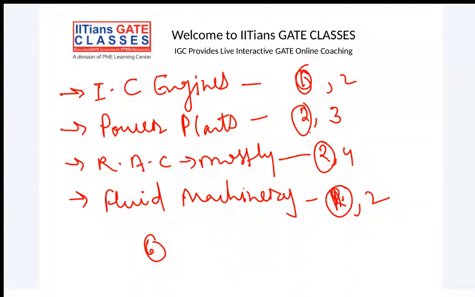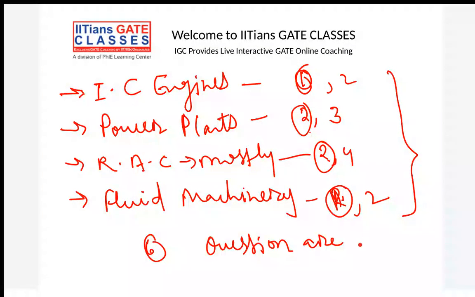So we should not skip these parts when it comes to getting a good rank. Got the idea? Here questions are simple, I'm repeating, questions are simple, but the information is a lot.